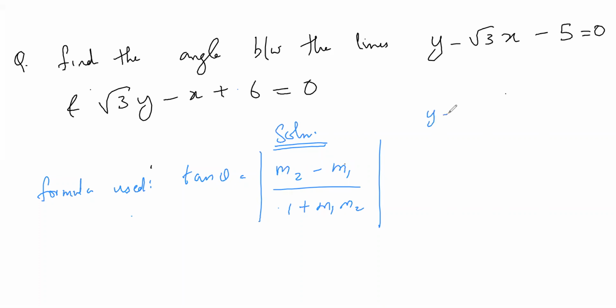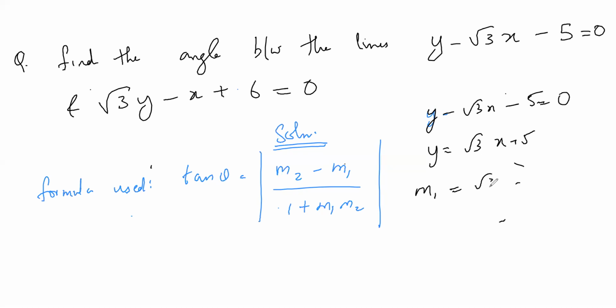Y minus root 3x minus 5 is equal to 0, or else I can write y is equal to root 3x plus 5. So from this my m1 will be root 3, correct?